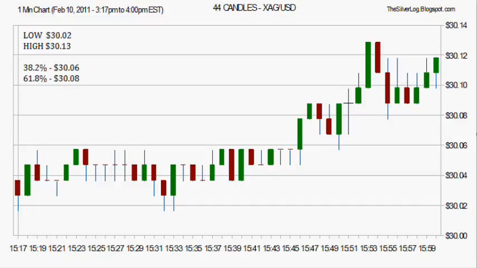When you see these candles, if you see a green one, what this means is the open for the time frame occurred at the bottom of the bar, and the close would be at the top part before the line.